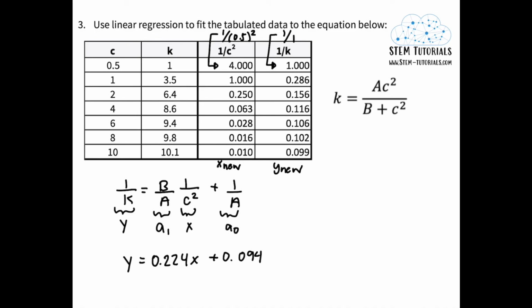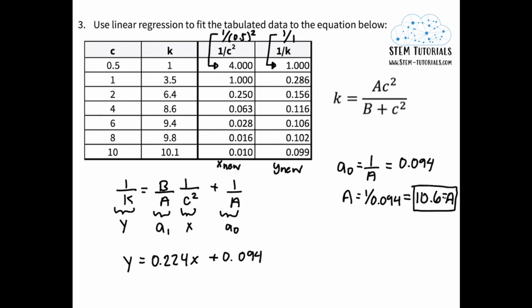With this, all we need to do again is back calculate our values for a and for b. So we'll do this together quickly. We know that our y-intercept equals 1 over a, which equals the value of 0.094. If we rearrange, our a will equal 1 over 0.094, which equals 10.6. And with this, we've calculated our a value.